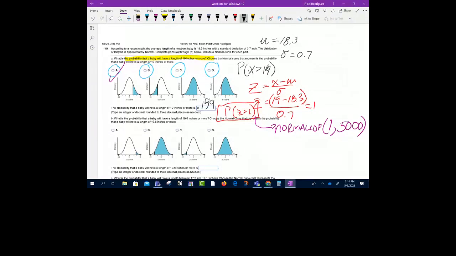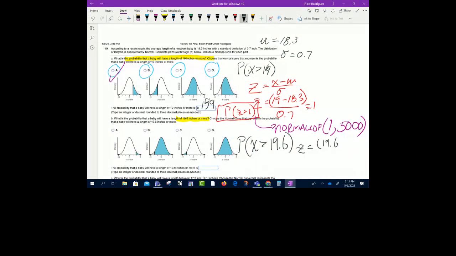Okay, so look, let's take a look at part B. Part B says, what's the probability that a baby is going to have a length of 19.6 inches or more? This is just like part A. We're going to say, what's the probability that X is bigger than or equal to 19.6? We're going to convert this to a Z-score.